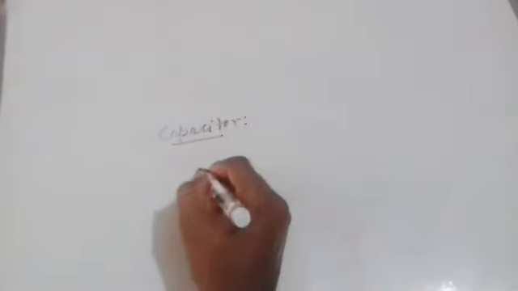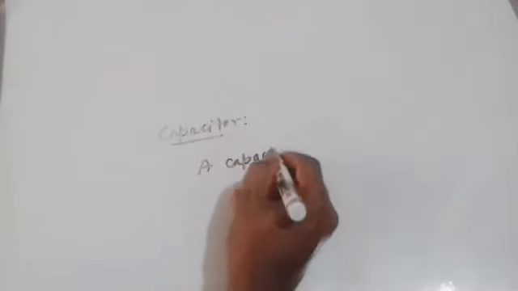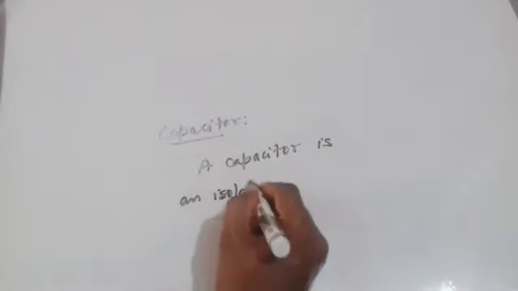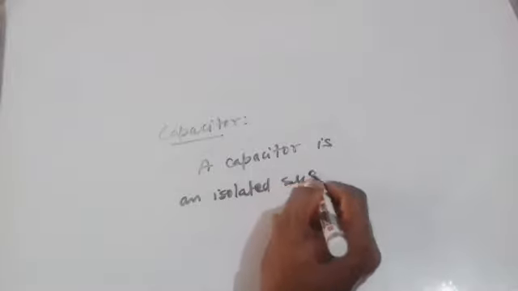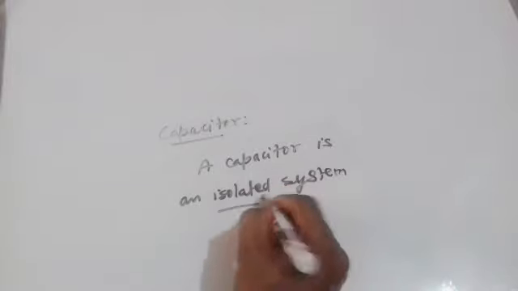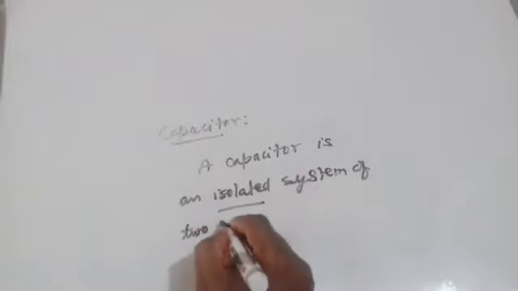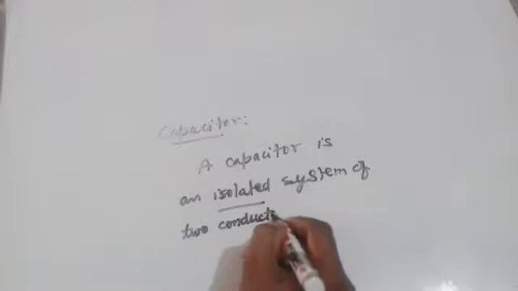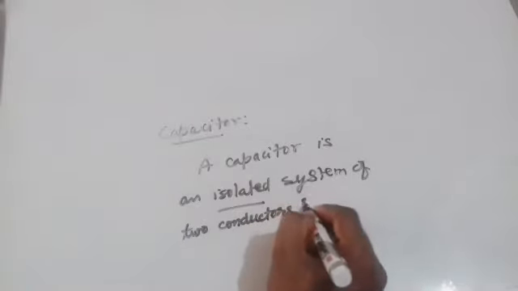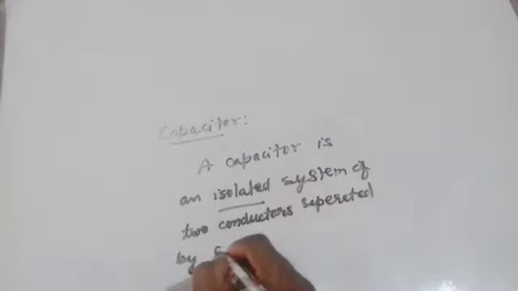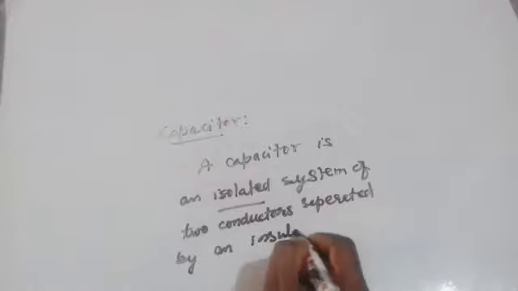Then basically, what is a capacitor? If you ask, you can write: a capacitor is an isolated system, focus on isolated, of two conductors separated by an insulator.